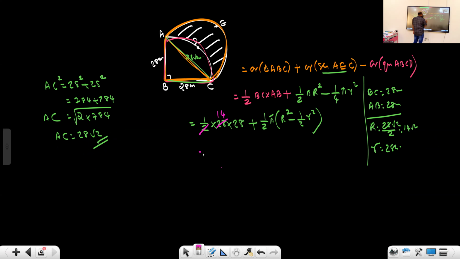This is 14. What is 14 into 28? You can try. Capital R square, 14 root 2 square. 14 into 28 multiply. You will get 392, I think. 14 into 28. Make sure. 392.